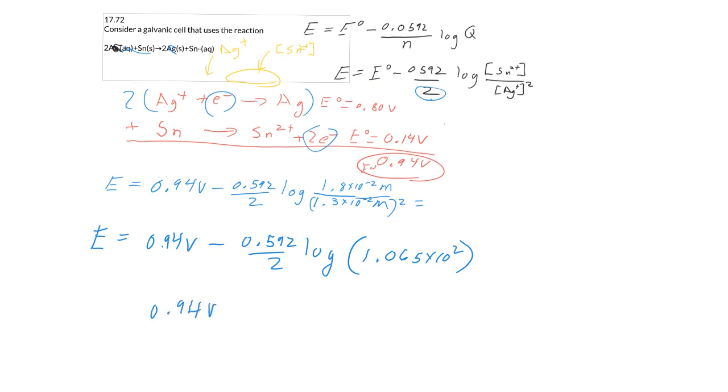Take the log of that. So that gives me 0.94 volts minus 592 divided by 2 times 2.27.